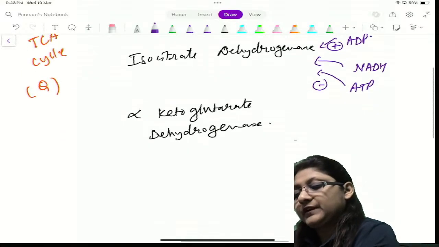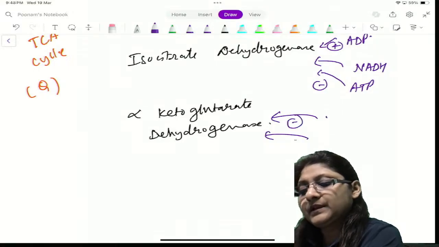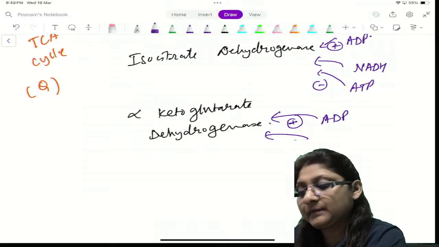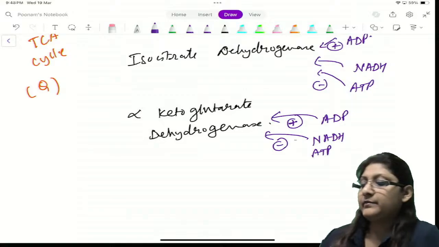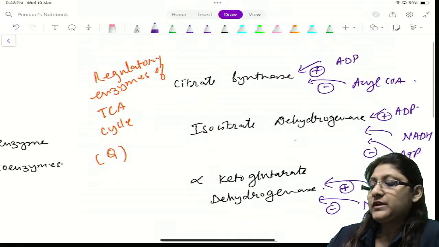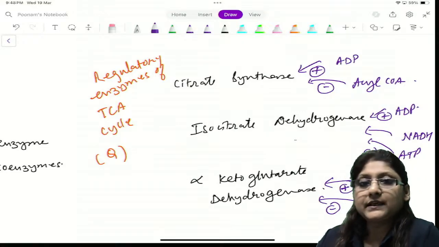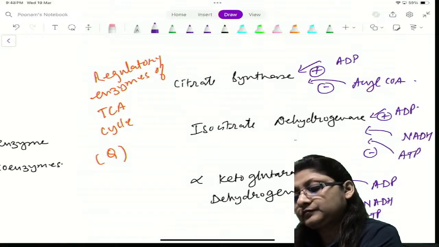The alpha ketoglutarate dehydrogenase complex also has a similar kind of control, where an energy deficient state in the form of ADP is going to activate this enzyme, and NADH and ATP are going to downregulate this enzyme. So these are the various regulatory enzymes which you must know are acting in the TCA cycle and controlling the rate of the reaction.